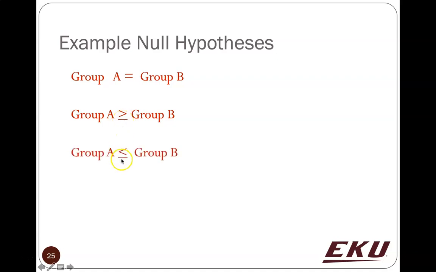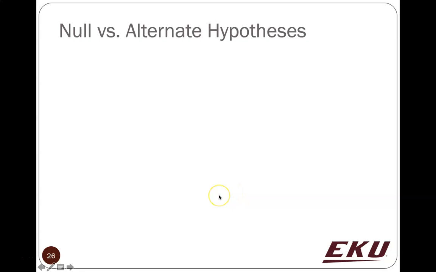Equal sign makes these examples of null hypotheses. If you're doing a study that's a correlational design, if the correlation coefficient overlaps with 0 or no correlation, if it's equal to 0, then that's going to be the null hypothesis.